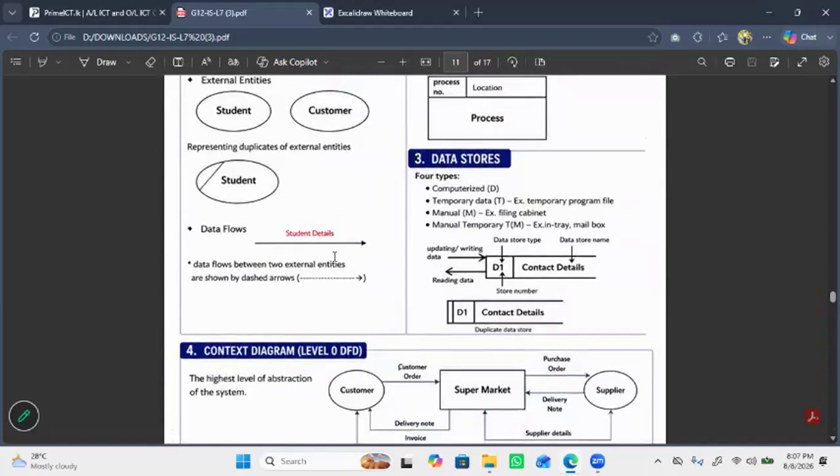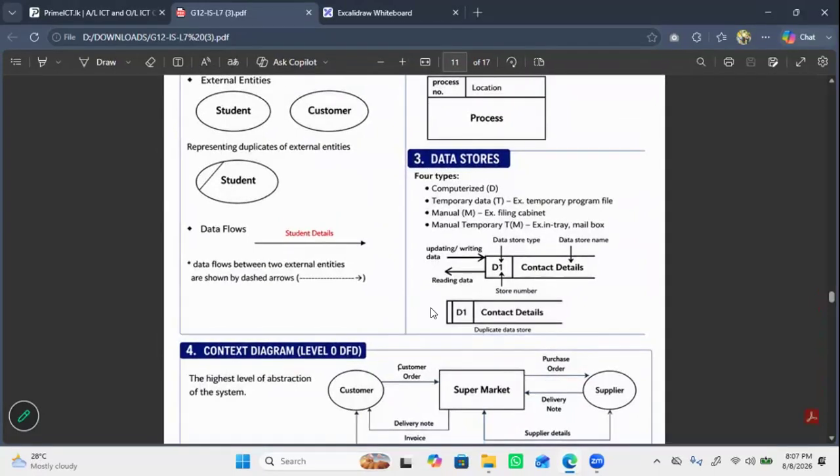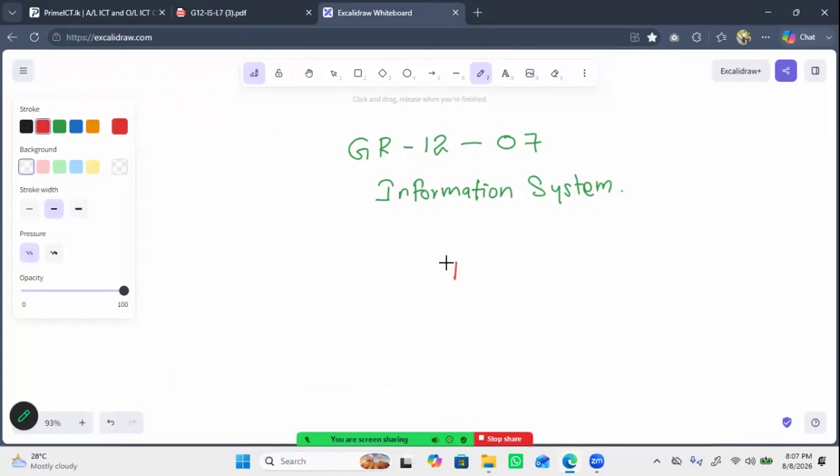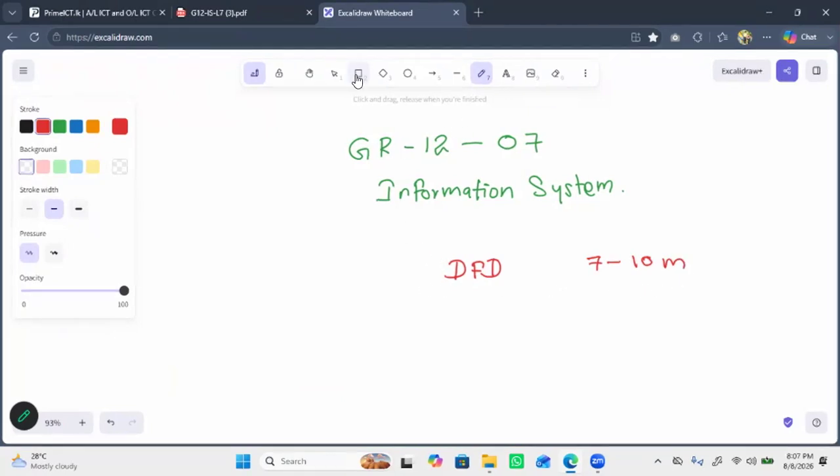Wait one minute. Okay, let's start. So students, this seminar is about DFD, where you can get around 7 to 10 marks just by knowing DFD.